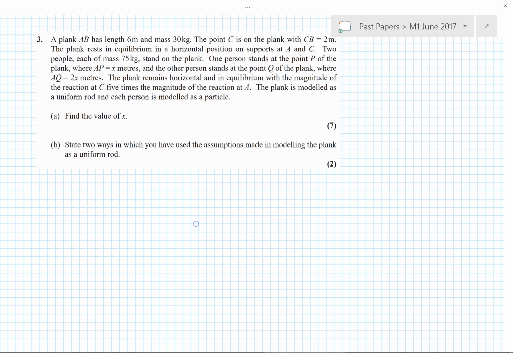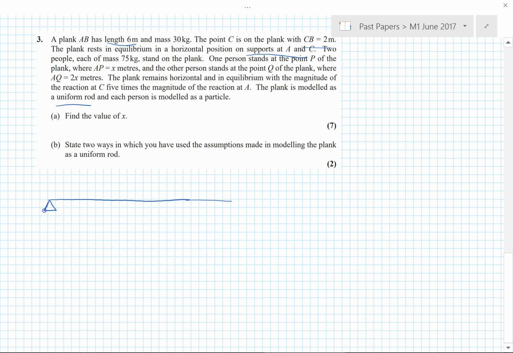Okay, so now let's look at question 3. We've got a uniform rod of length 6 meters, supported at A and C. So here we go.